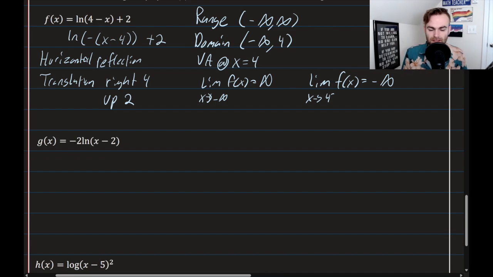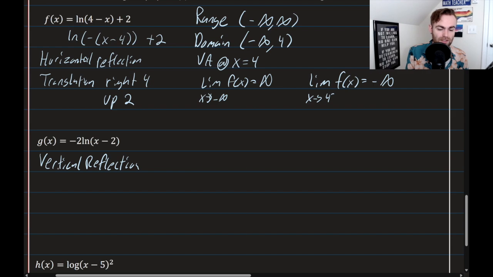If I look at this function here, it has 2 transformations, or 3 transformations actually, and we don't have to do any funny business of cleaning anything up to make sure that we distinguish what they are. So we have a negative here, which would be a vertical reflection.